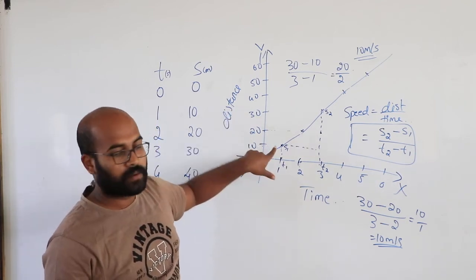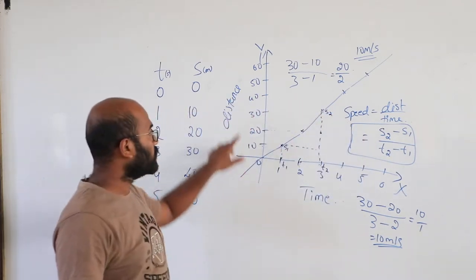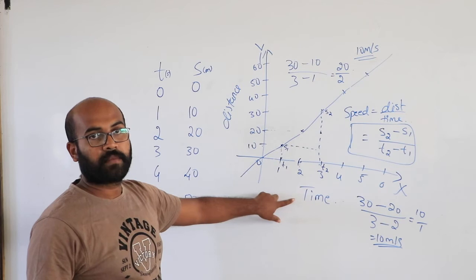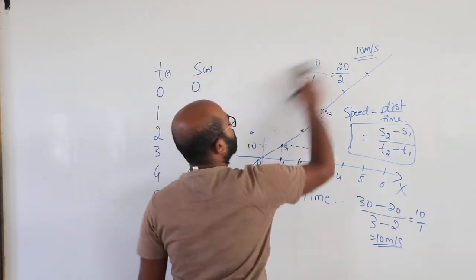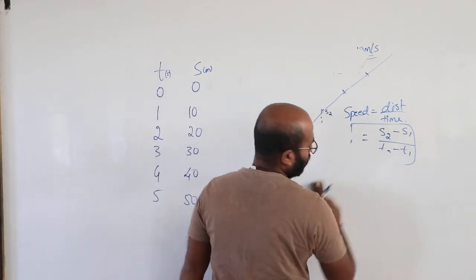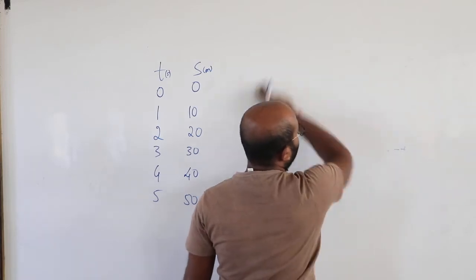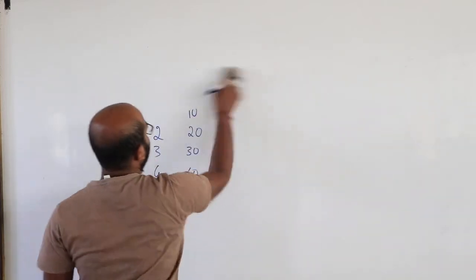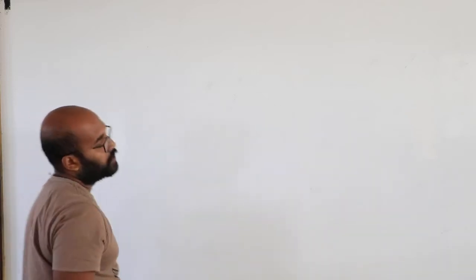So this is a distance time graph. Next, let's see the velocity time graph. We will see non-uniform motion after some time, but let's see the velocity time graph and how we calculate the distance.